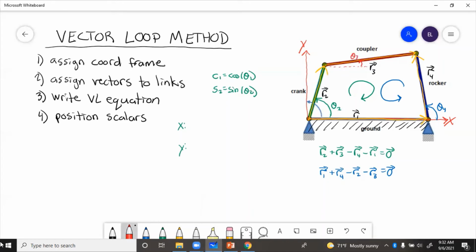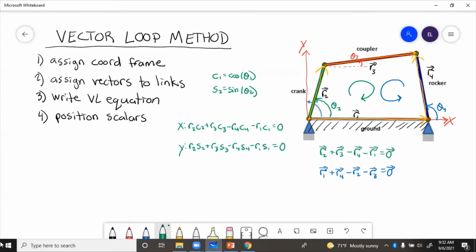Okay, so if we break these up into sine and cosine components, then we'll have R2 C2 plus R3 C3 minus R4 C4 minus R1 C1 equals 0. And then R2 S2 plus R3 S3 minus R4 S4 minus R1 S1 equals 0.